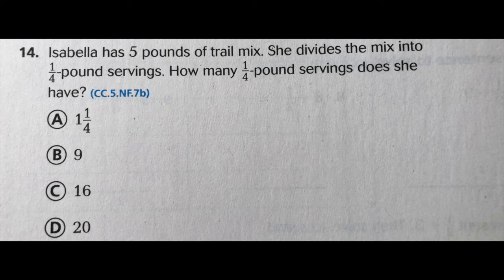Now let's go back to the problem. Where can we find what it is that they're asking for us to do? Which part of the word problem tells us what we need to answer? The problem's last sentence says, how many 1/4 pound servings does she have?